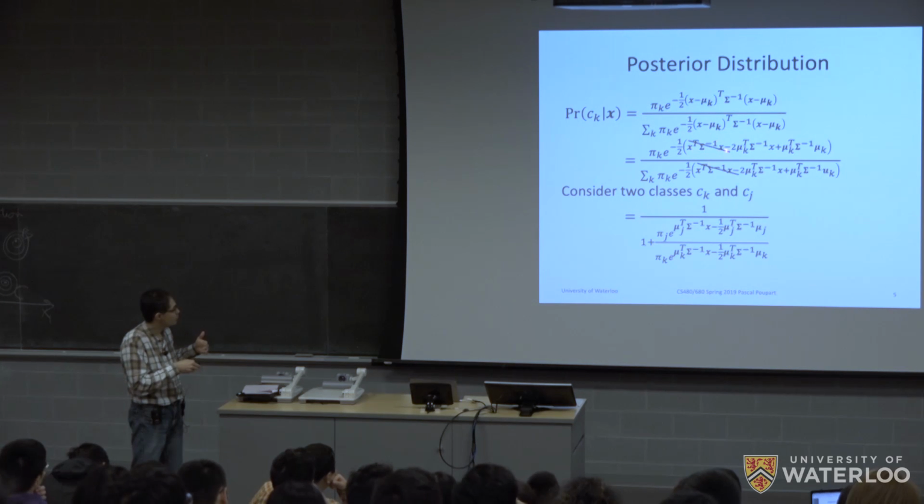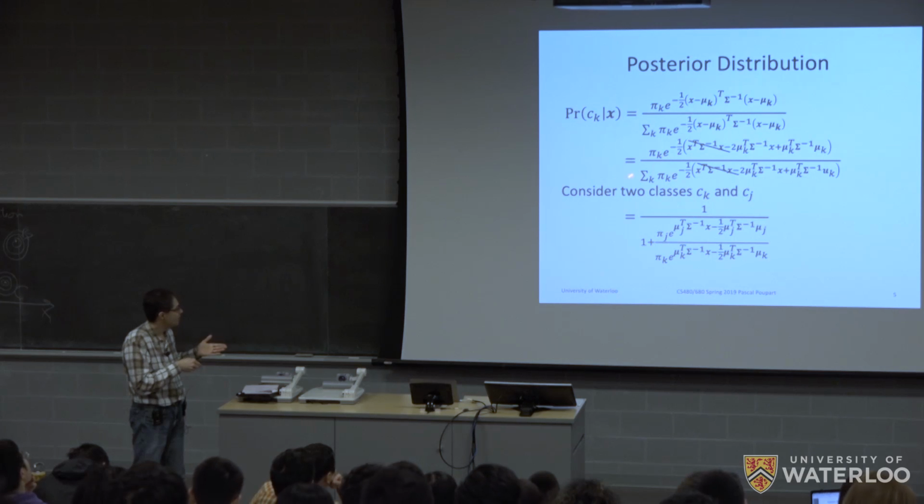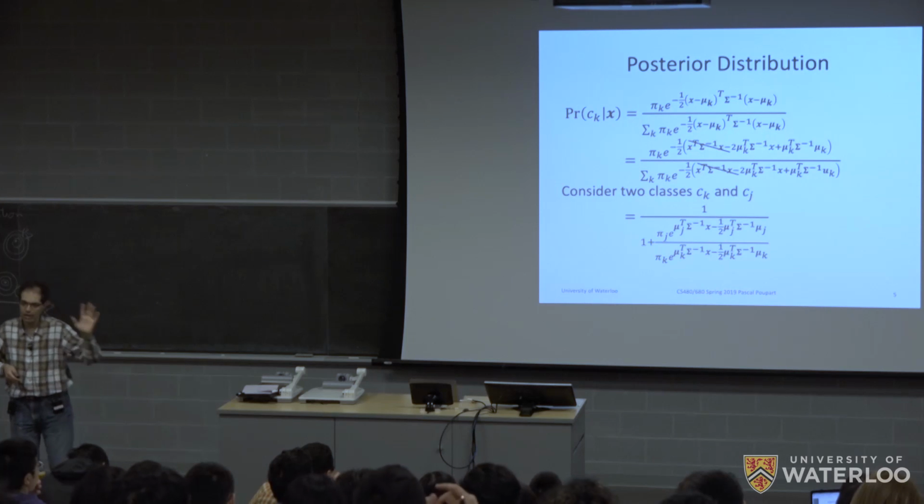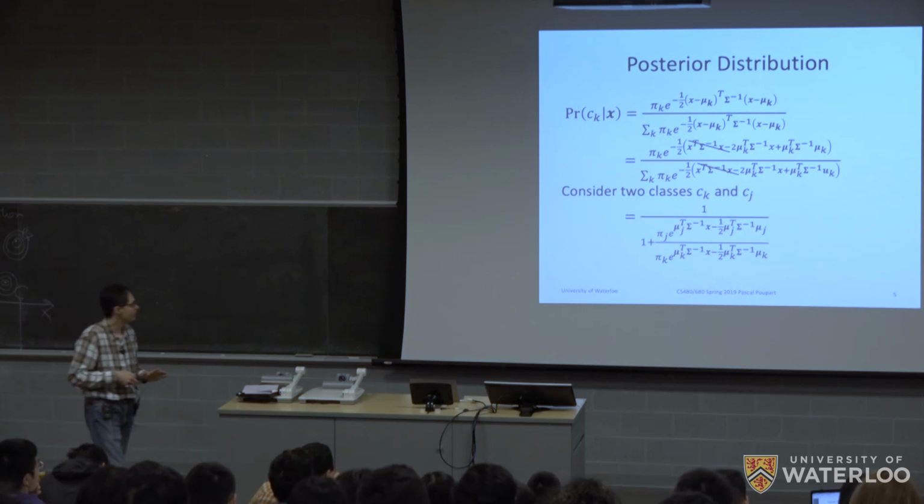The first term does not depend on the class, so I could in fact pull it out in front. And then same thing in the denominator. The first term does not depend on the class k, so I can pull it out in front of the summation, and then this will cancel. So I can cancel the first term, and then I'm left with the other two terms.